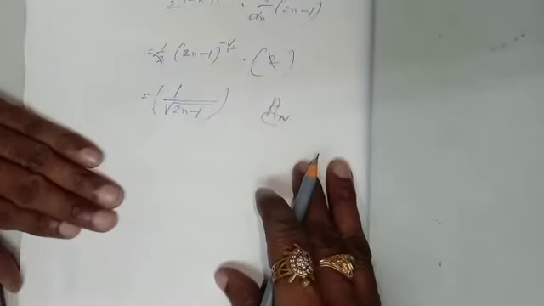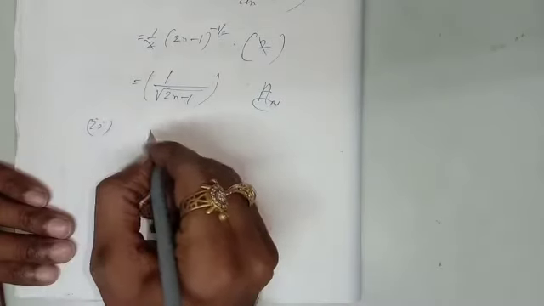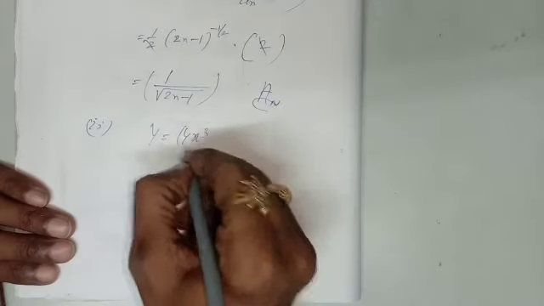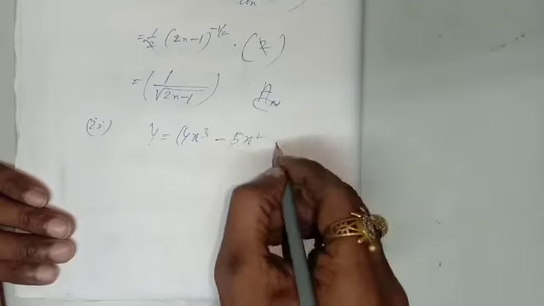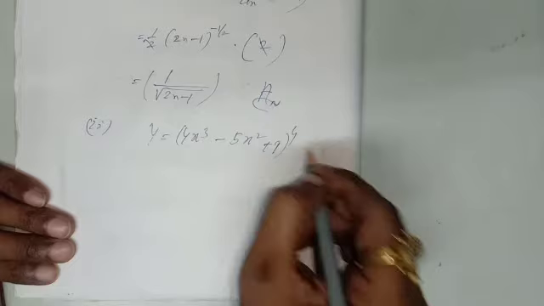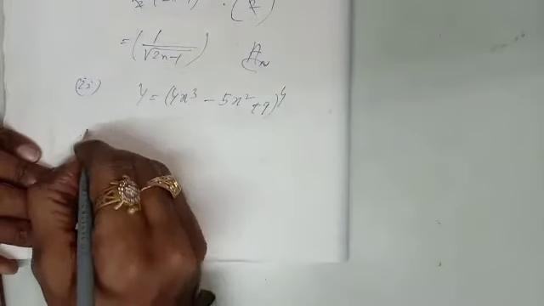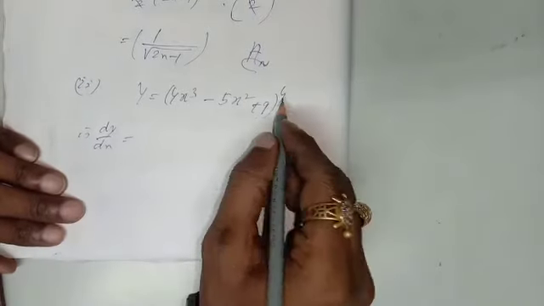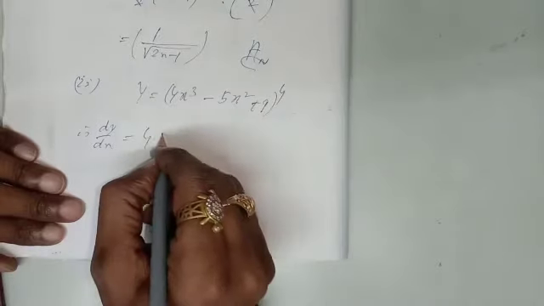This is a composite function, and you have to find the derivative. The second part: y is equal to (4x cube minus 5x square plus 9) whole to the power 4. First we find the derivative with respect to the power 4. Therefore dy by dx: think of it as x to the power 4, whose derivative is 4x cube.